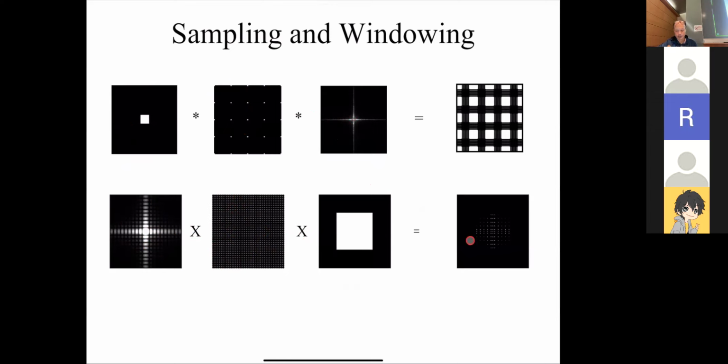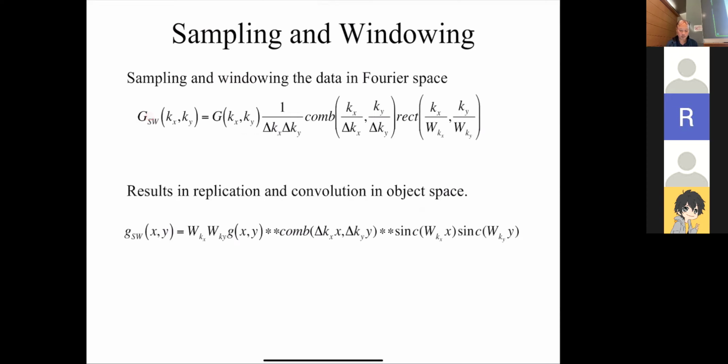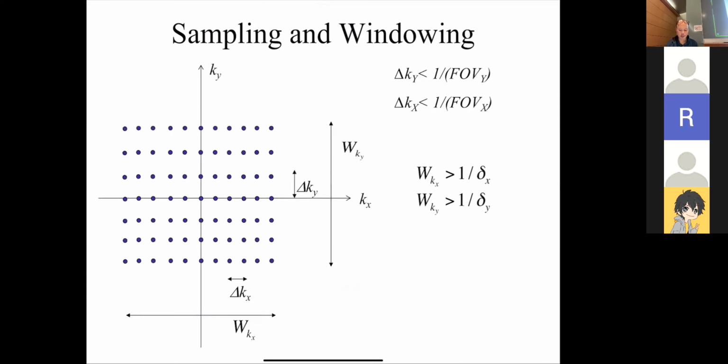What I collect in K space is just samples within some window. And therefore, when I inverse transform it, I'm going to get these replicas where each one of these replicas is a blurred version of my original image. All right. So that's just explaining what that is in math. And so now here's the design rule.